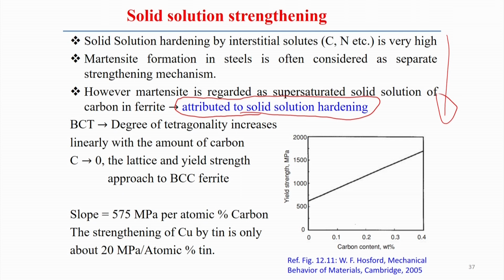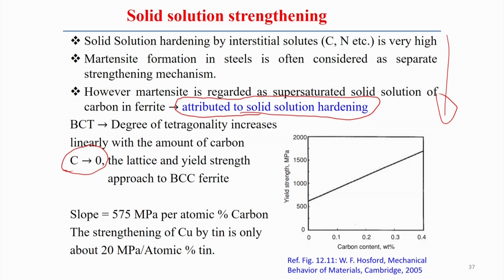So, when carbon percentage is 0, if C tends to 0, the lattice and the yield strength actually equivalent to the BCC ferrite. So, strength is then equivalent to the strength of the BCC ferrite when carbon percentage tends to 0.